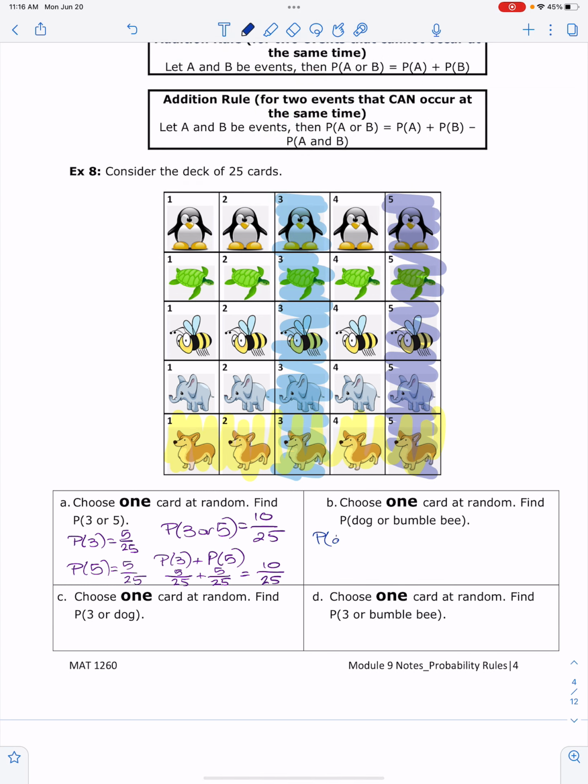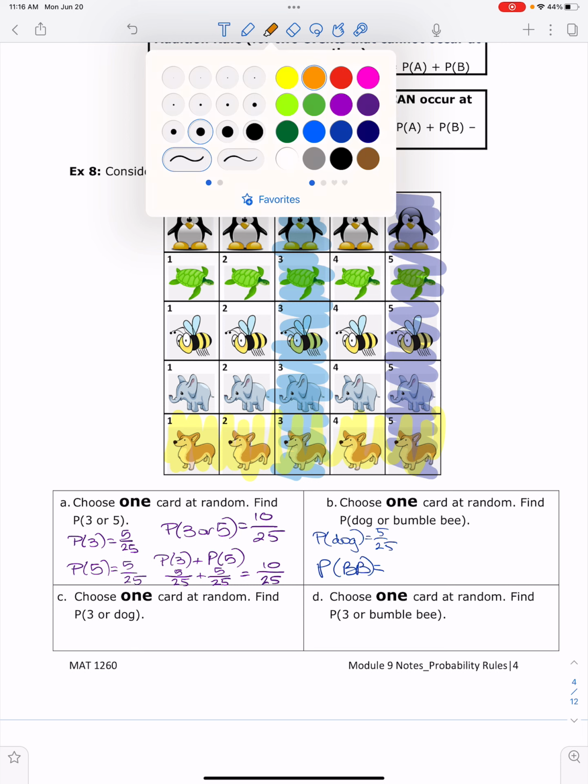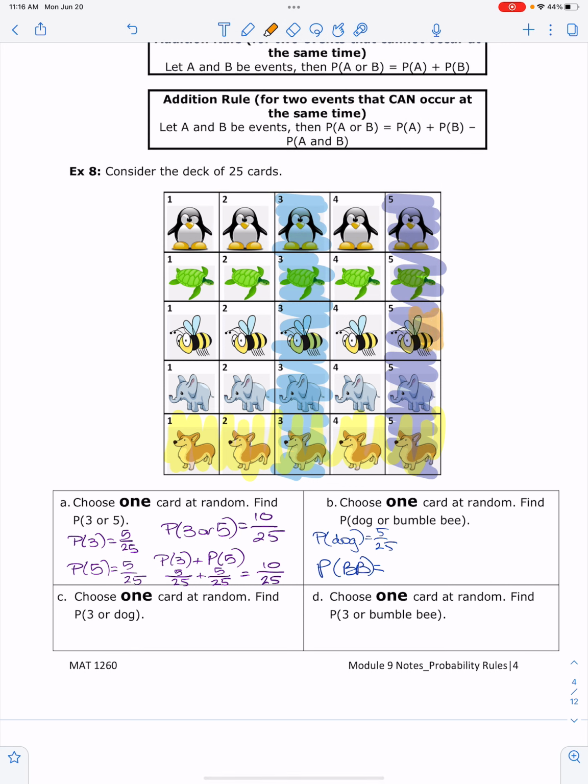So the probability of a dog, again, is 5 over 25. Probability of a bumblebee, these are different 5. So also 5 over 25. Probability of a dog or a bumblebee, we can take a look at what is shaded there: 10 over 25.